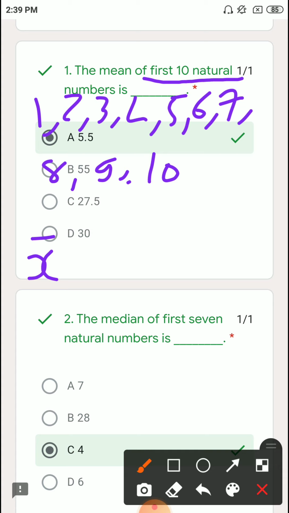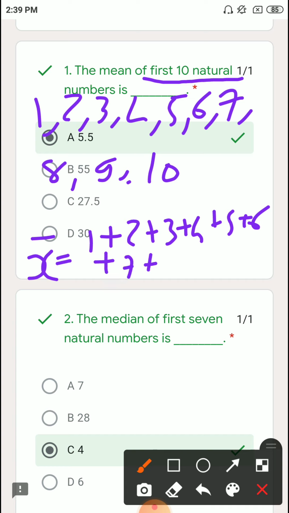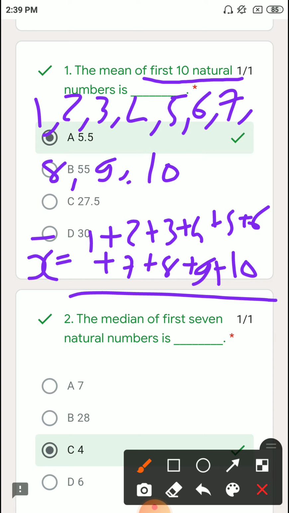This is the sign of x bar, right? So here we need to find the addition of all these numbers. So 1 plus 2 plus 3 plus 4 plus 5 plus 6 plus 7 plus 8 plus 9 plus 10 and divided by total number. So total 10 numbers we have here, so divided by 10.